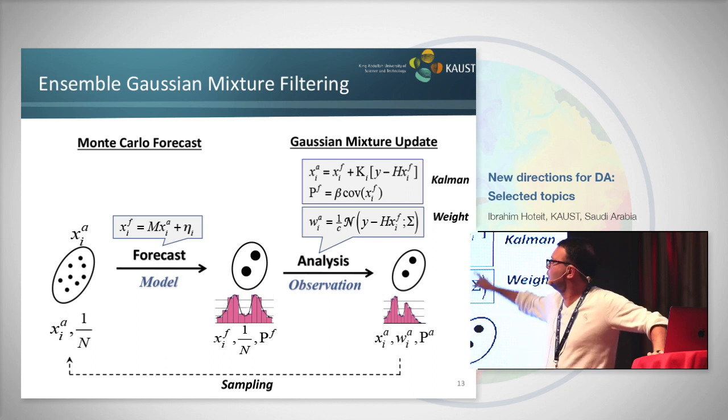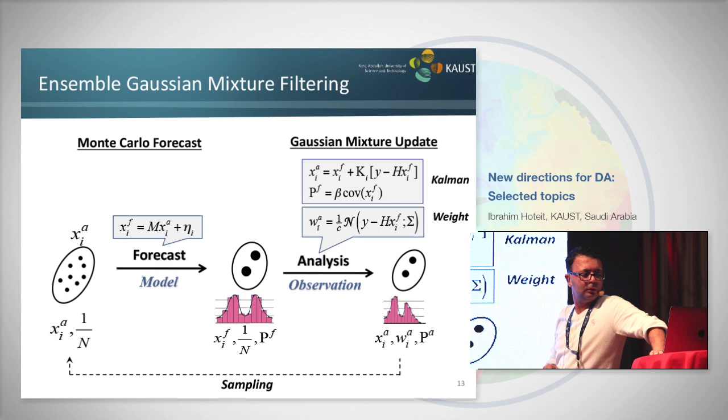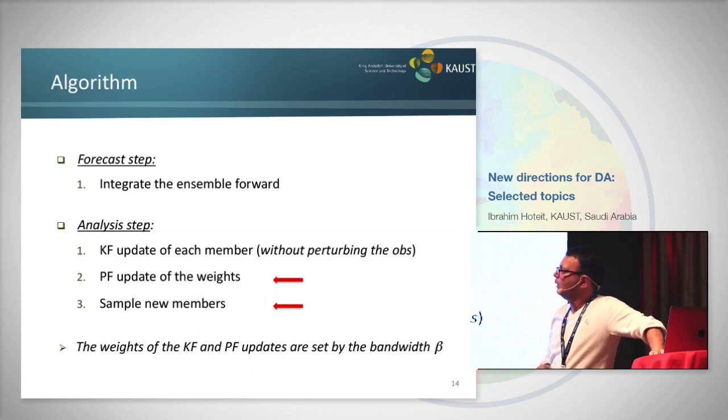When you apply the update, you will have the Kalman update and a weight update. And the question is where to resample from. In terms of algorithm, it's the same thing as before, like EnKF, but you have an update of the members, an update of the weights, and we need to sample new members.